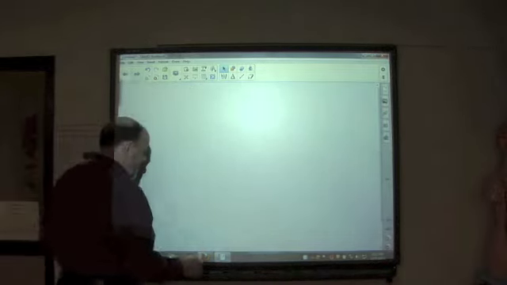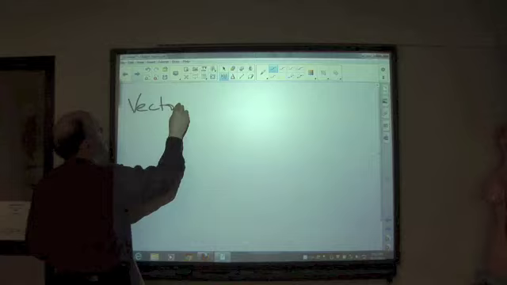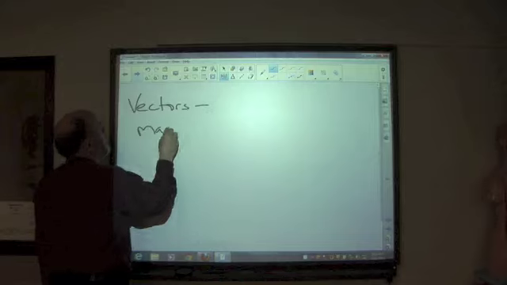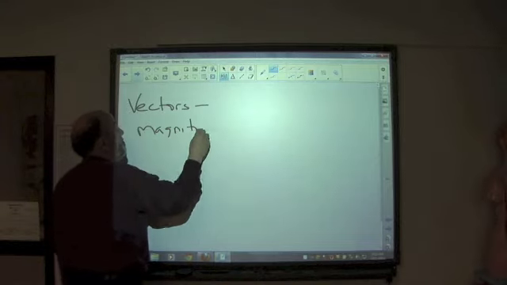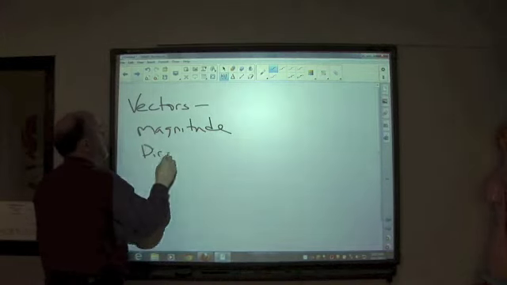First off, in terms of vectors and what those are, a vector has two components. It has a magnitude, which is basically how big it is, and then it has a direction.